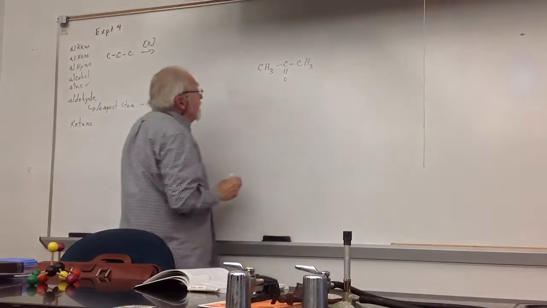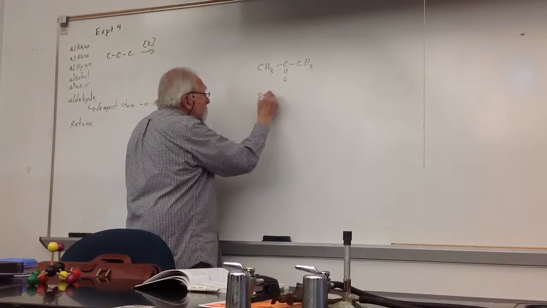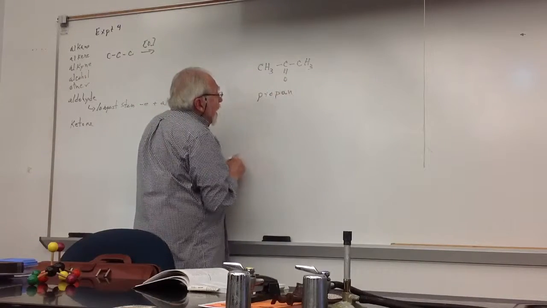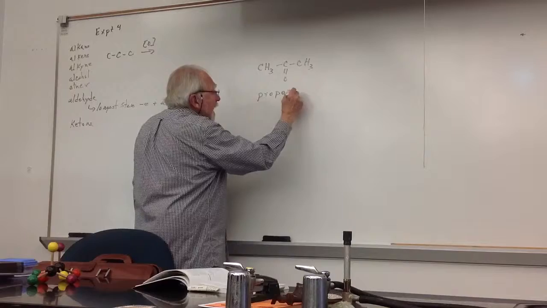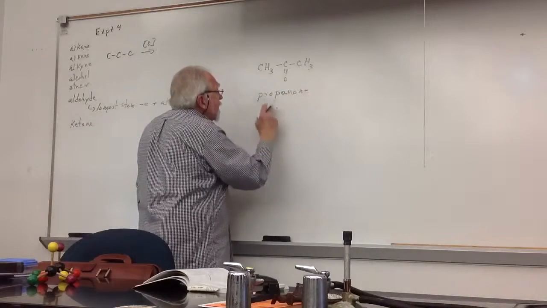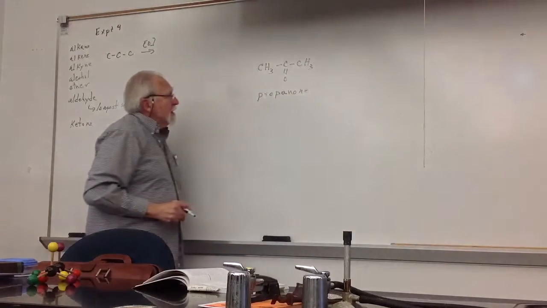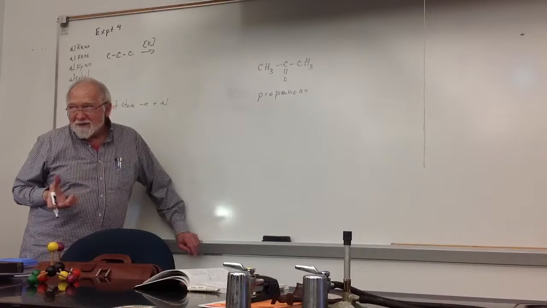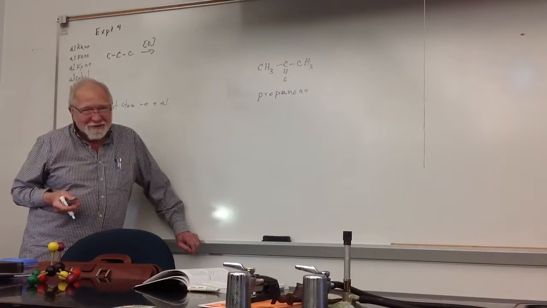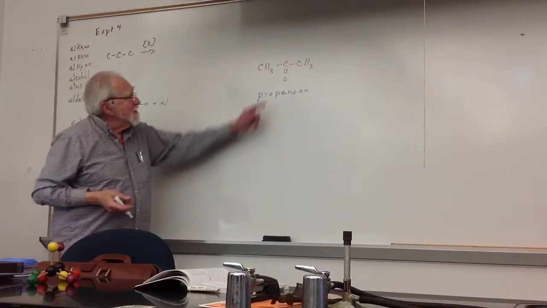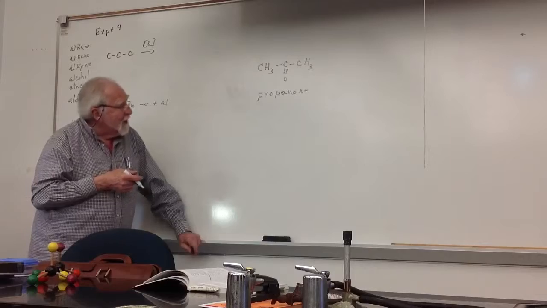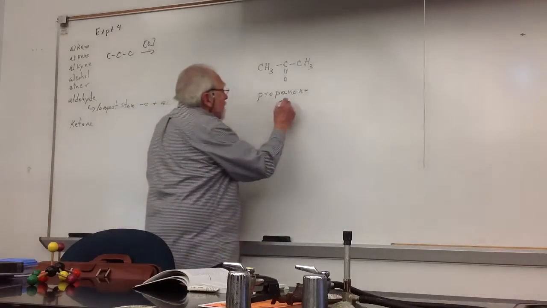But this would be propane, and you drop the final E and add ONE. Now there's only one thing you can do with that, so it's redundant to say 2-propanone, but our big bottles of reagents say 2-propanone. That's the only place you can have the ONE carbon, or carbonyl carbon, is on the second carbon. But this has a much more common name.